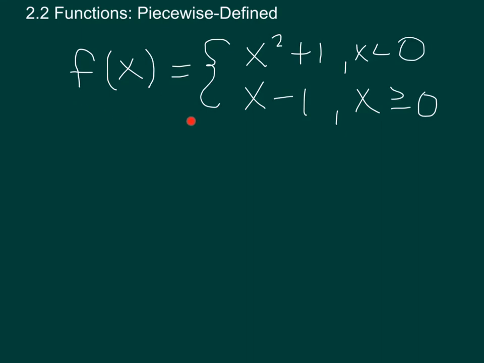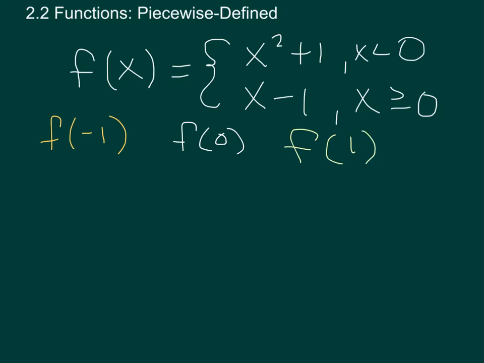We've got this function here, and we want to evaluate it for f of -1. We also want to evaluate it for f of 0. And finally, we want to evaluate it for f of 1.